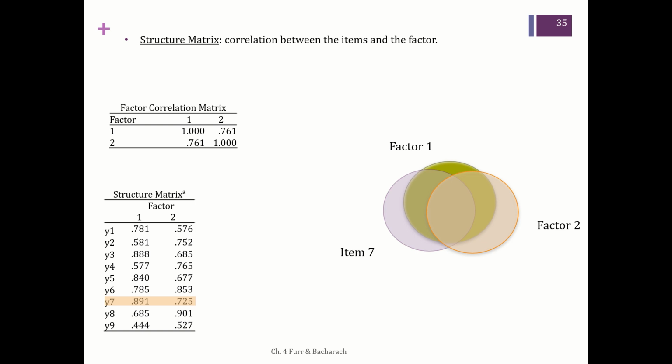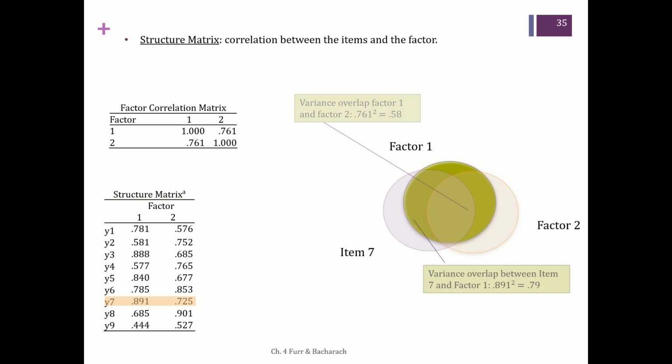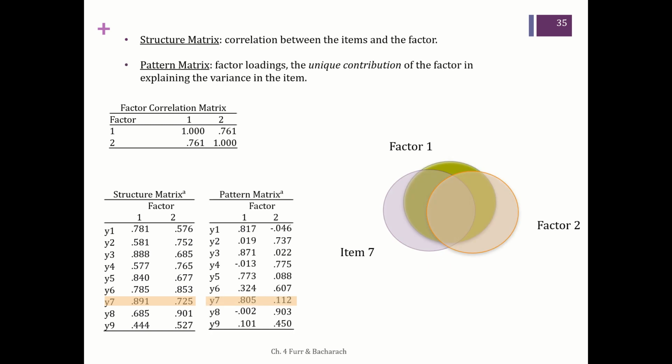But when you're using oblique rotation, you get a set of tables, and not all of them are equally interesting. And I'm going to be focusing on two of those tables that you get in your SPSS output. We're going to look at the structure matrix, and we're going to look at the pattern matrix.